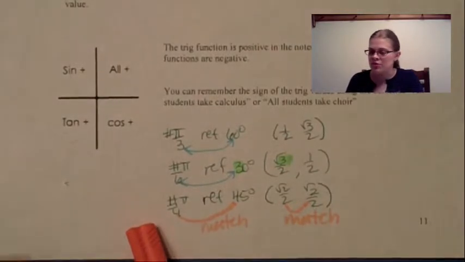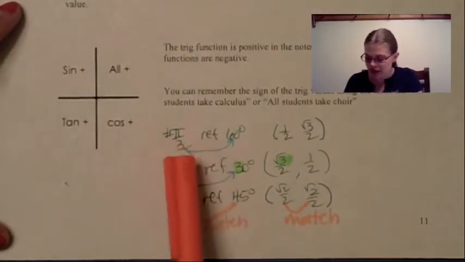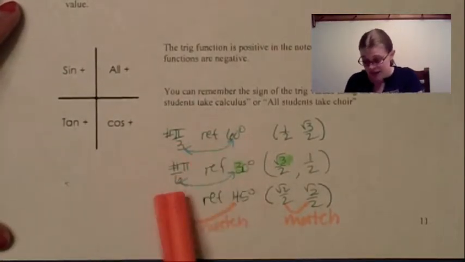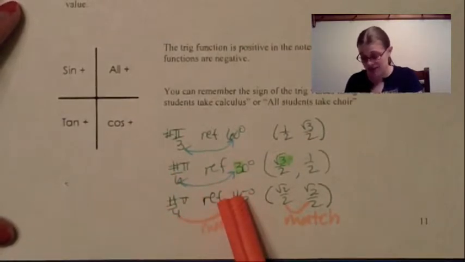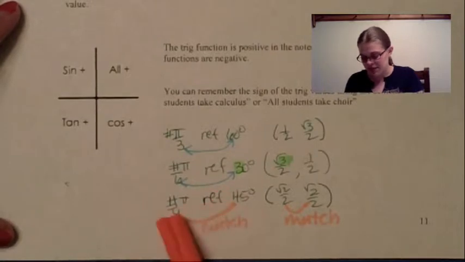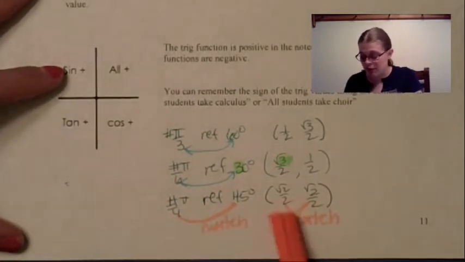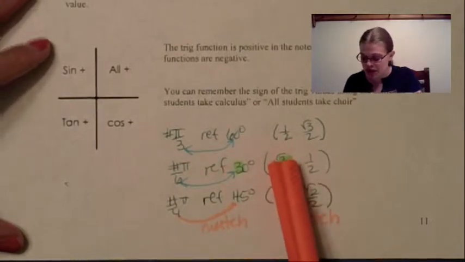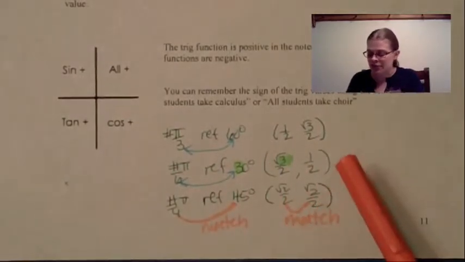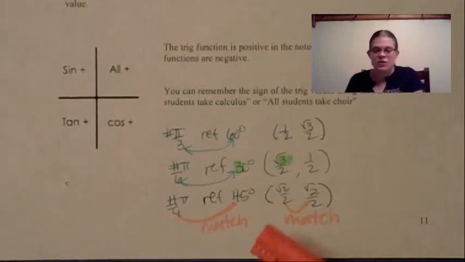If you want to just straight up memorize it, or if you want to use the fact that pi thirds would go to 60 degrees, pi 6 would go to 30 degrees, pi fourths would go to 45 degrees, 45 degrees match, it's like the odd man out, the point matches, 30 degrees goes with root 3. However you want to do it is fine, but you need to find something that works for you to remember that.